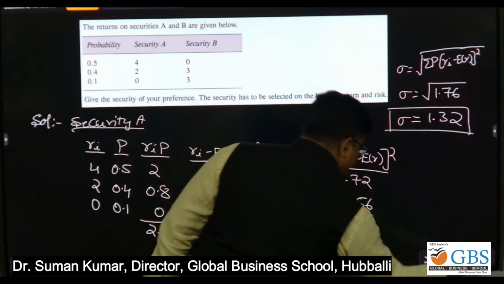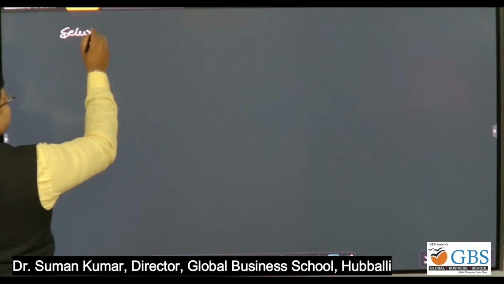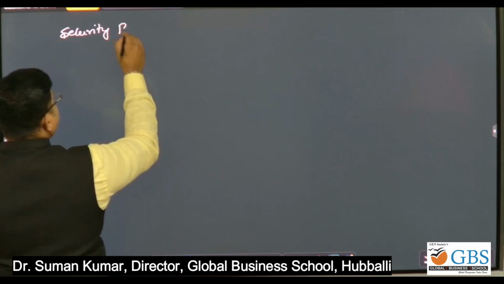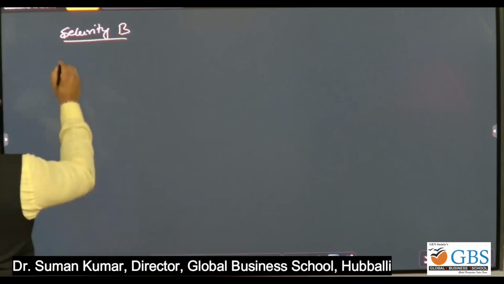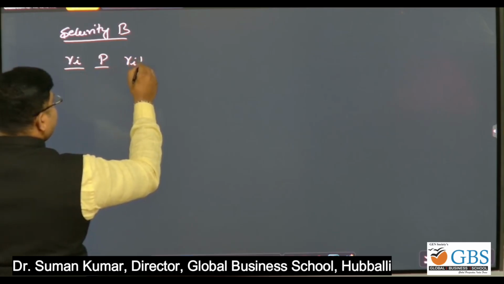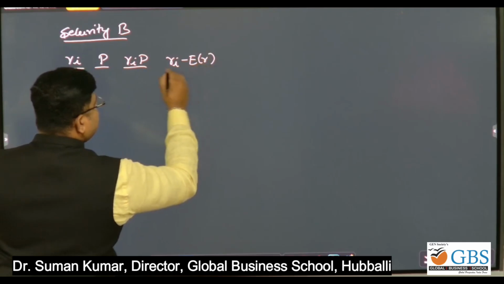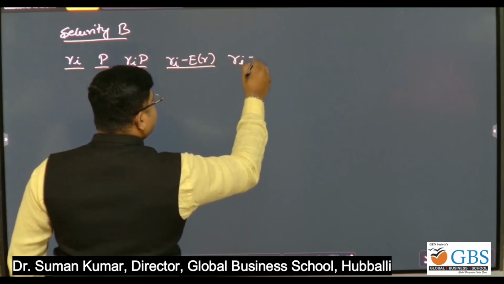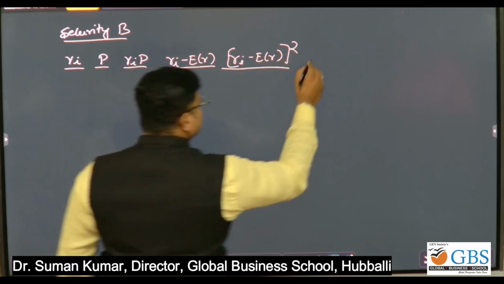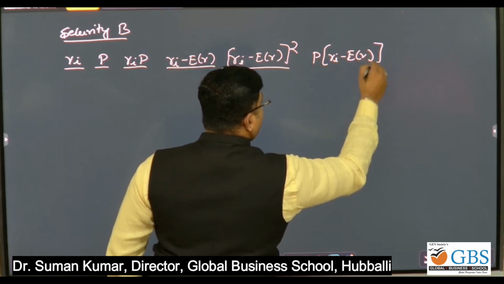Then security B. So again column Ri, probability, Ri into P, Ri minus E of R, Ri minus E of R whole square, last column P into Ri minus E of R whole square.